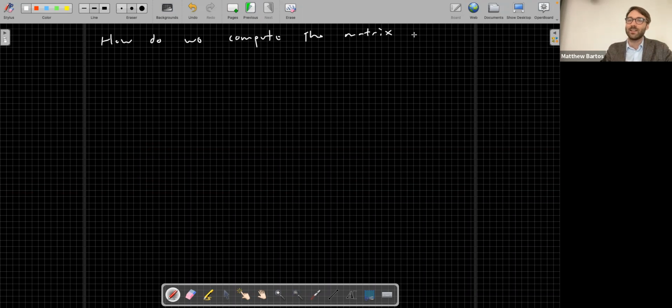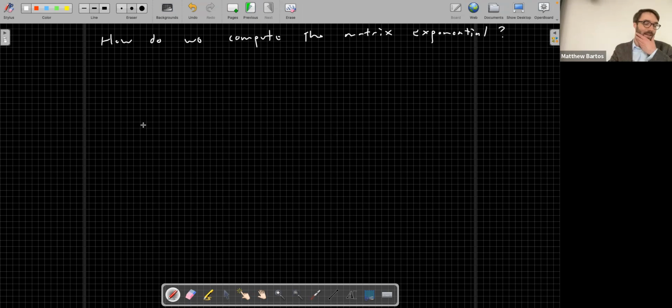But that's not super useful if we're trying to actually compute it, right? We can't actually compute an infinite series. So I'm going to show you how we can go about computing the matrix exponential, and actually any matrix function.